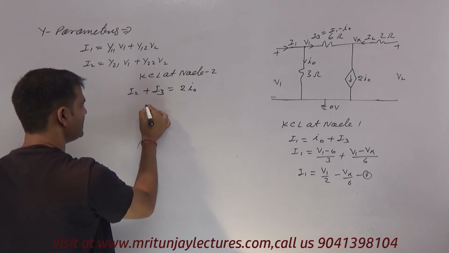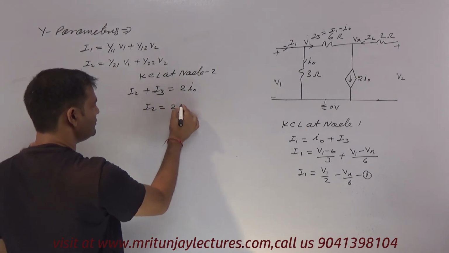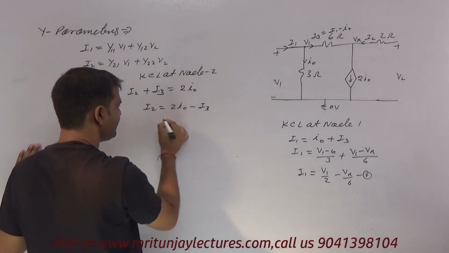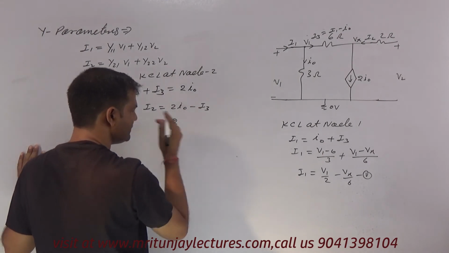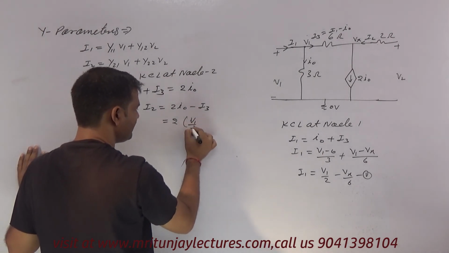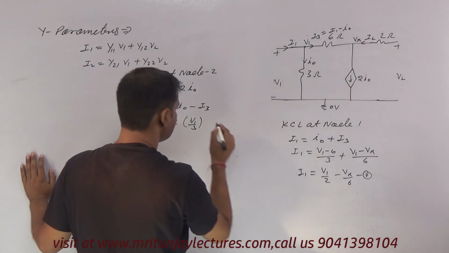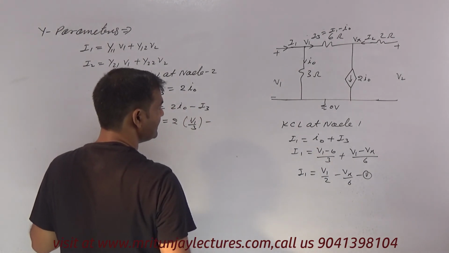Okay, so I2 this will be equal to 2 I naught minus I3. 2 I naught means 2 V1 by 3. Okay, and what about I3?